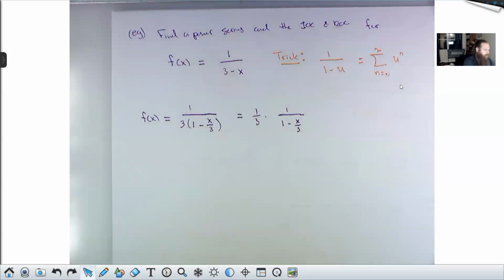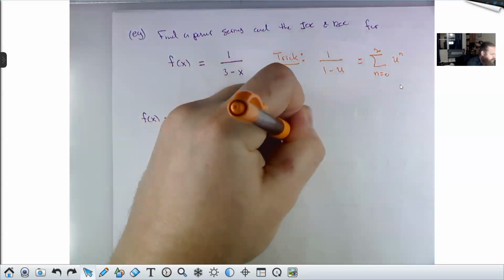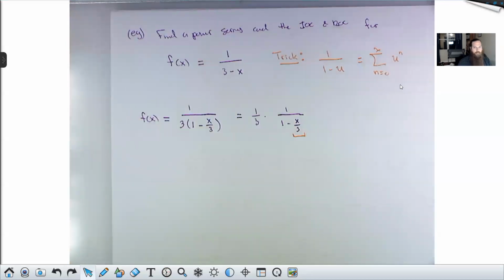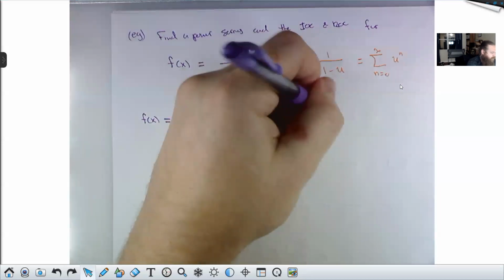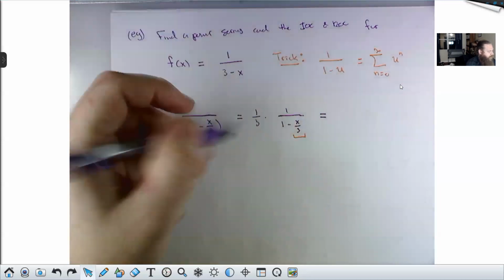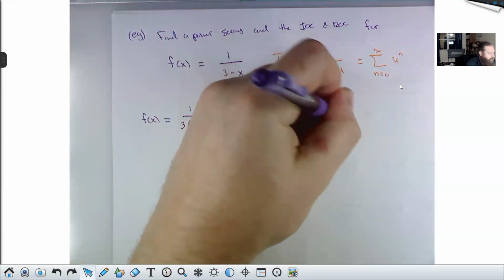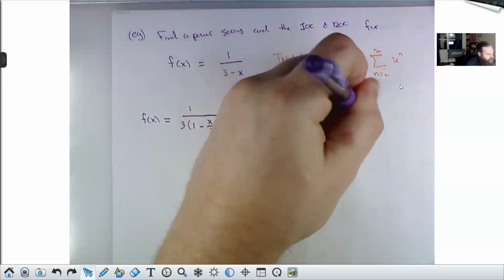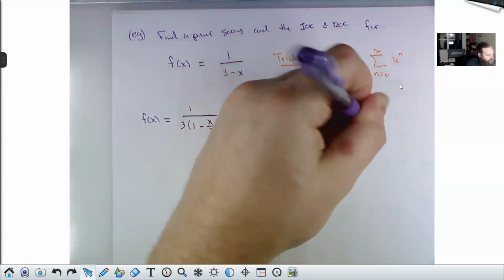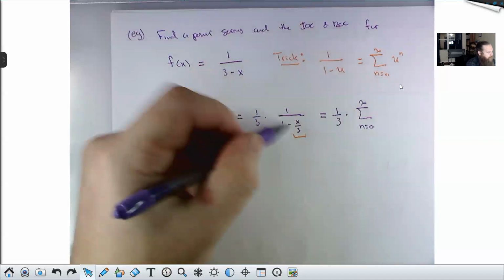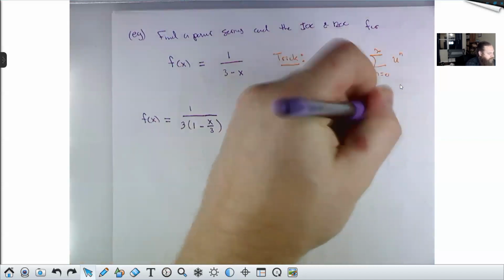And now here is my u. Good old-fashioned x over 3. The 1/3 out front comes along for the ride. So I get 1/3 times sigma n from 0 to infinity of x over 3 to the n.